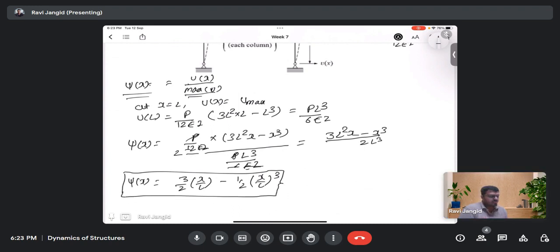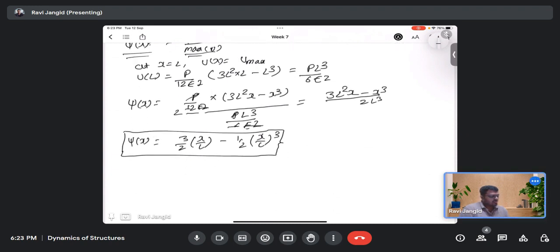Yes. So here we have considered the mass per unit length of the column. The mass per unit length of the column is m bar, so it is in kilogram per meter.